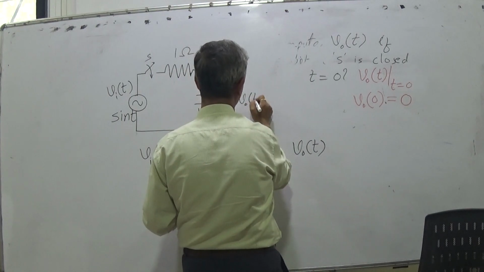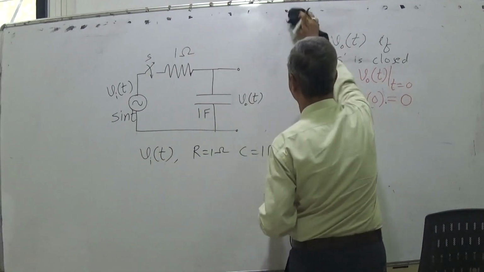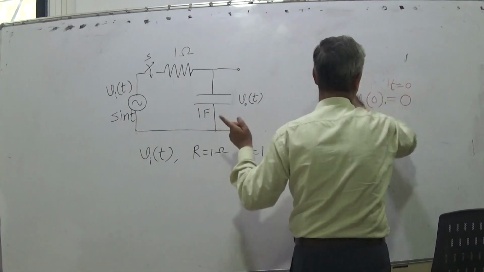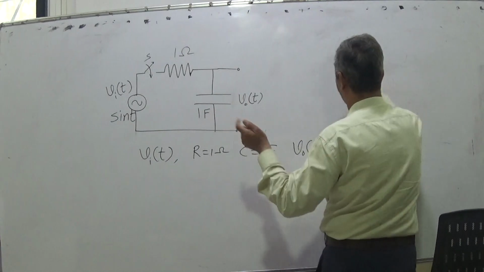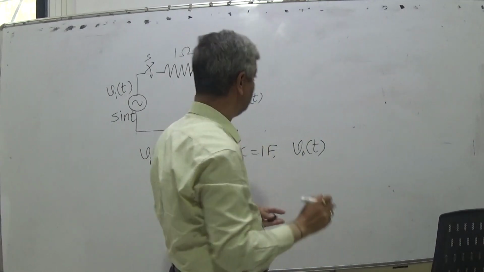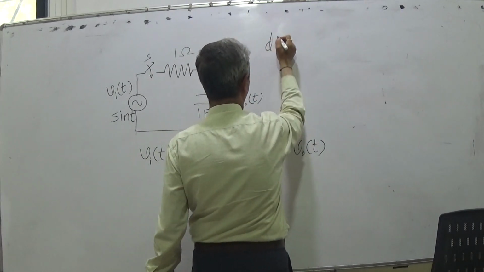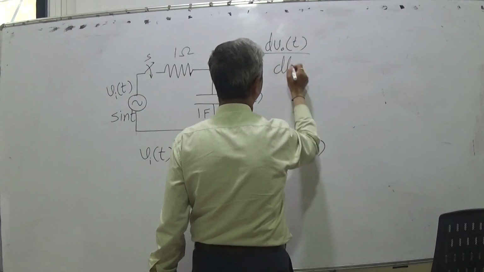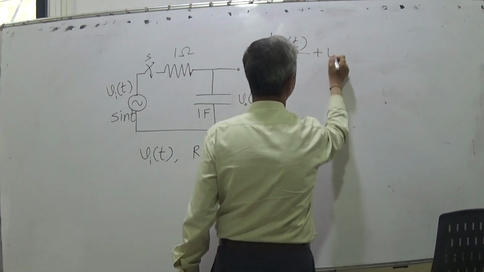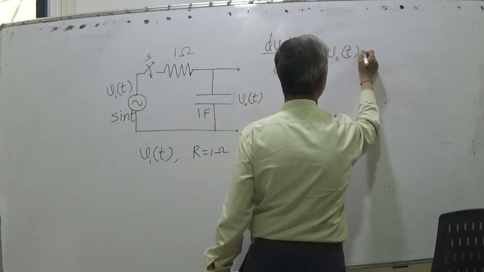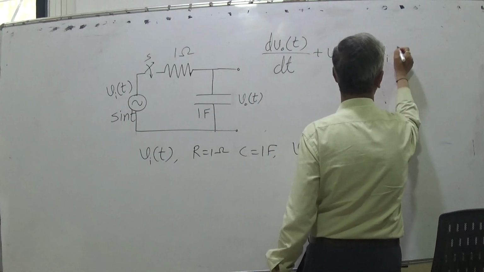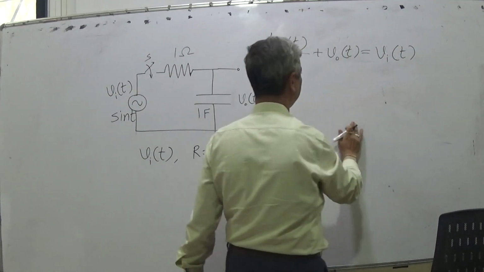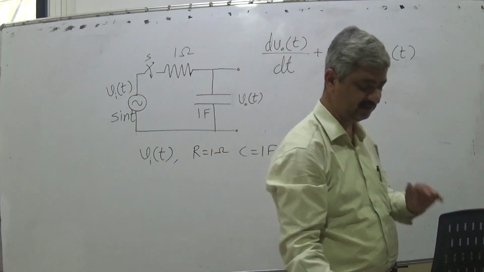I don't want to spend much more time; you can watch my earlier video. So the differential equation of the circuit is very clear: dVo(t)/dt plus Vo(t) is equal to Vin(t). Okay, so this is the equation.